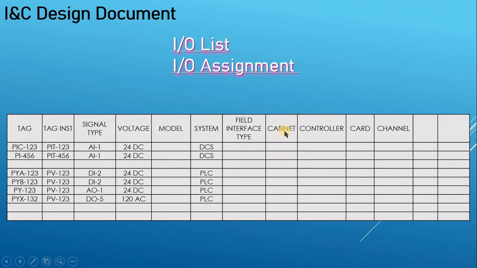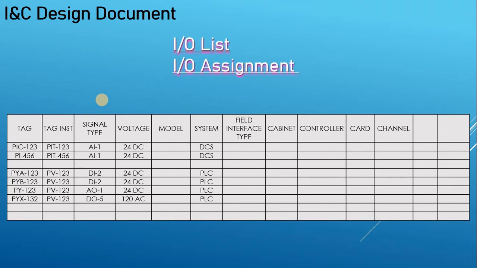And again, in some places, this is where you specify the I/O type. In this case, let's say AI1 means it's 4-20 milliamps and it is loop powered. Maybe AI2 is a 4-20 milliamps transmitter powered, or the transmitter is powered by 120 or something.